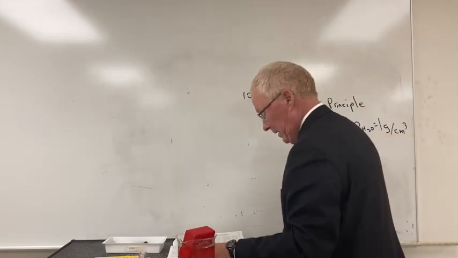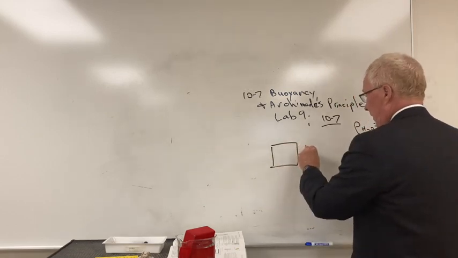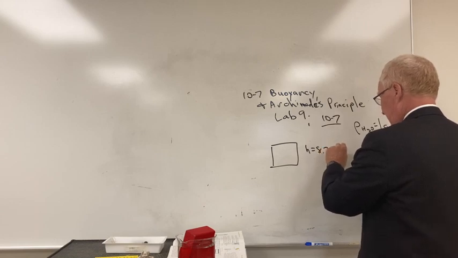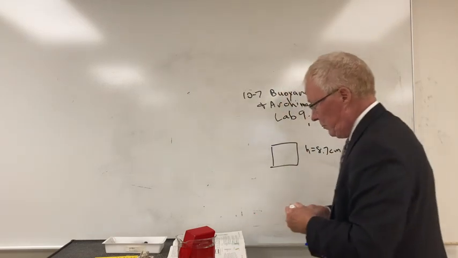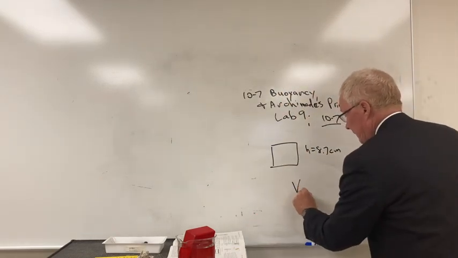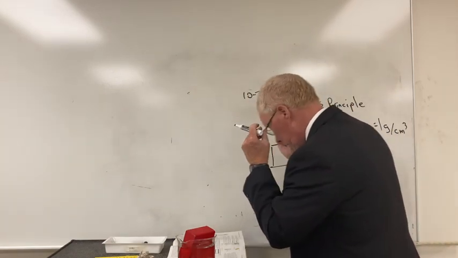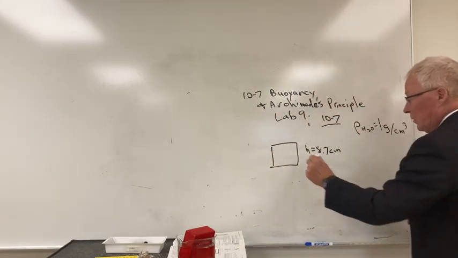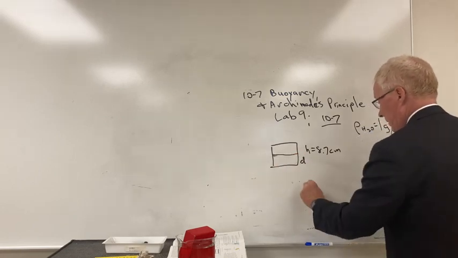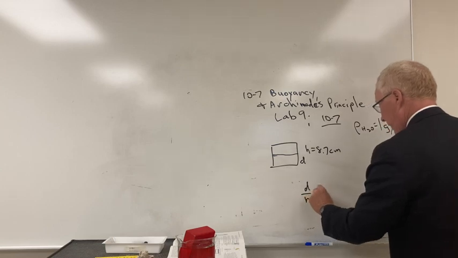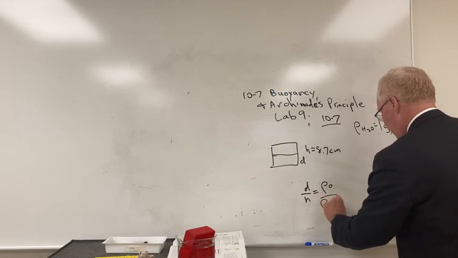So in that case, the height of this block, measured before, is 8.7 centimeters. Again, we use this in the lab. What we're going to have is the depth divided by the height will be the density of the object divided by the density of H2O.